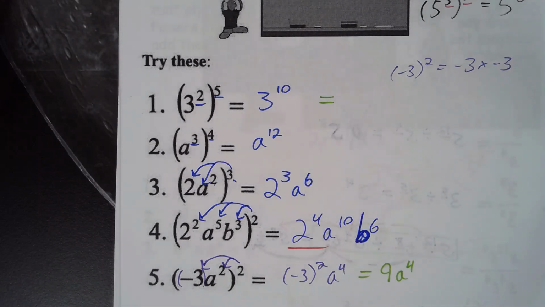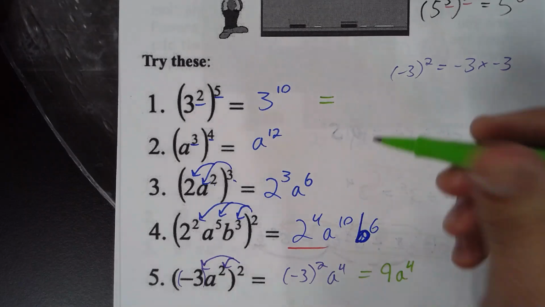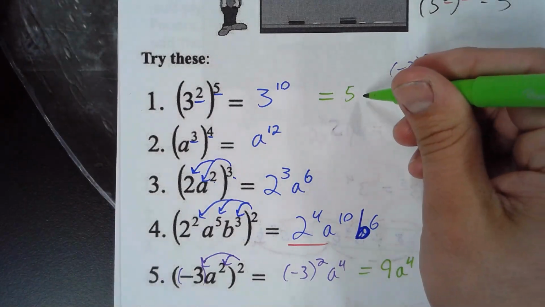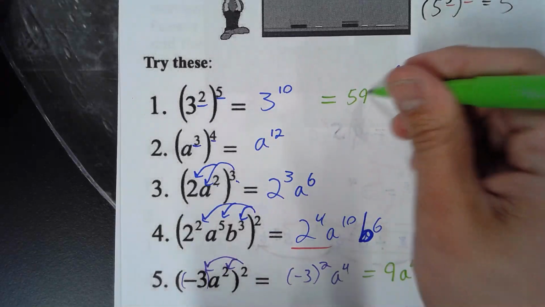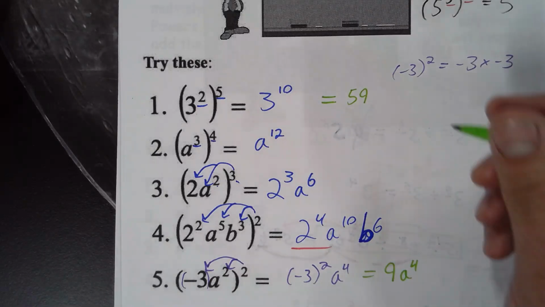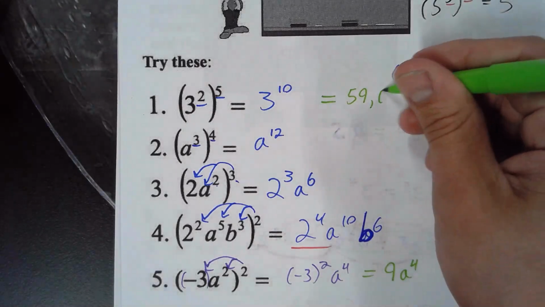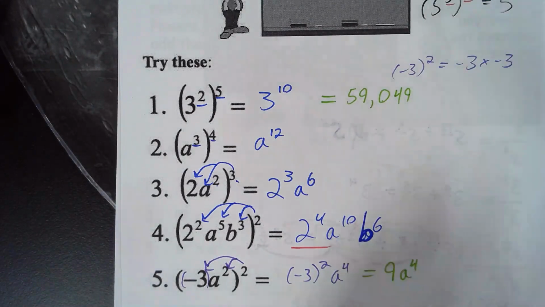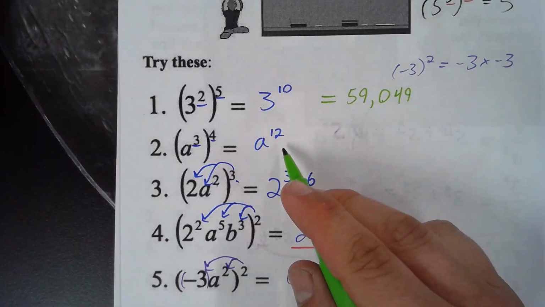Oh, yeah, 59,049. Okay, that's a pretty big number. I can't do anything with a to the 12th.